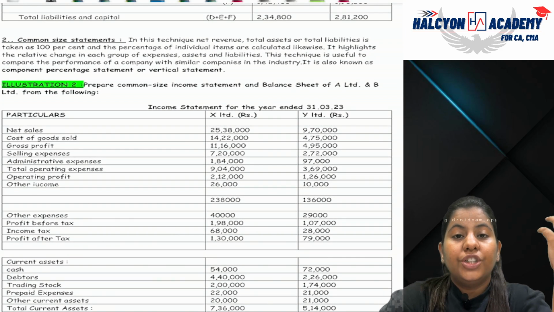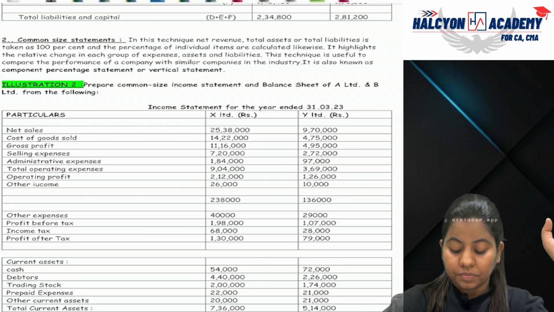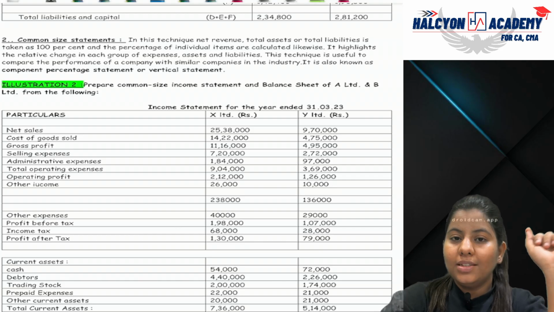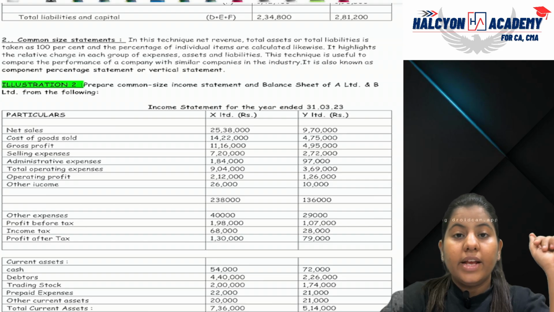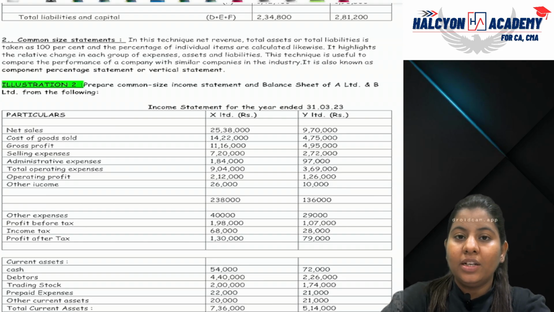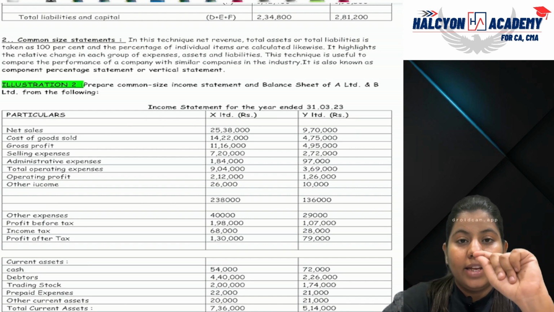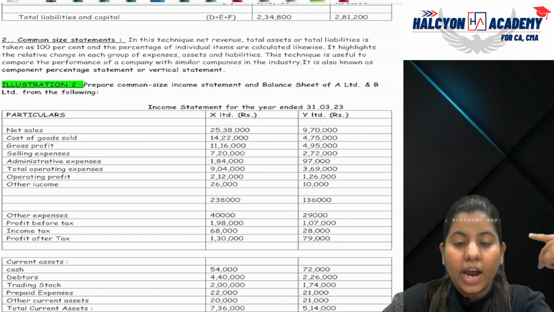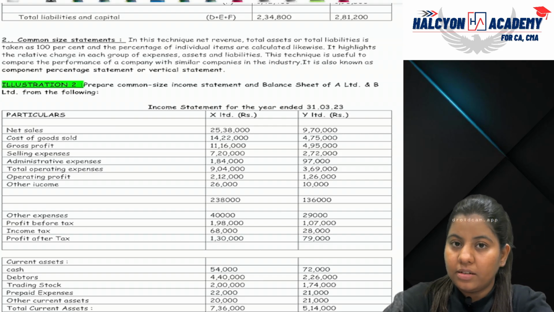So the next question is how it is performed. See, in common size statements, we express each and every element of income statement and balance sheet as a percentage of a common base.